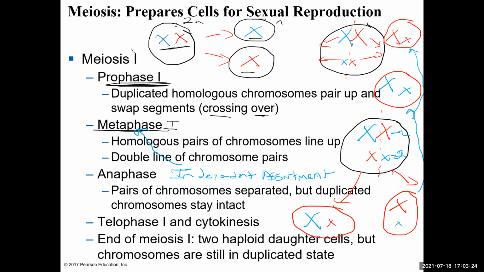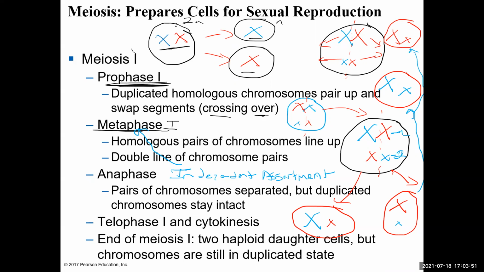So this could flip-flop. And then another variation would be, say that the big X was on the right-hand side and the small blue was on the left, and then the big red's on the left and the small red is on the right, right? So that's different from this one in terms of what genes the offspring will get from those cells.